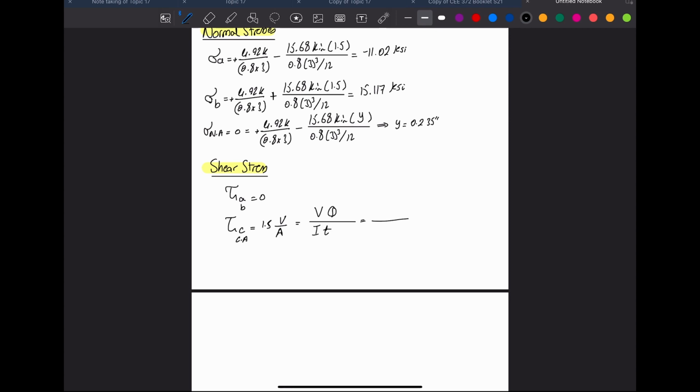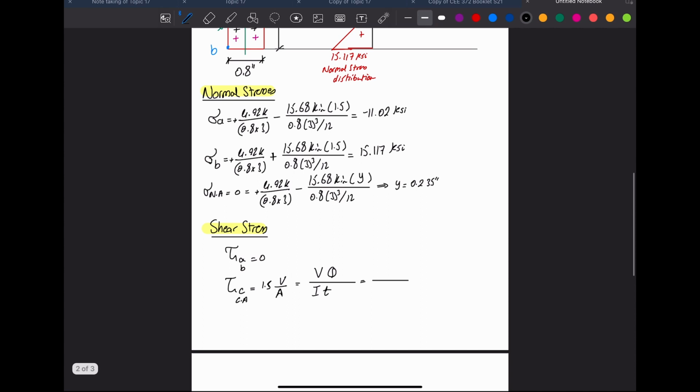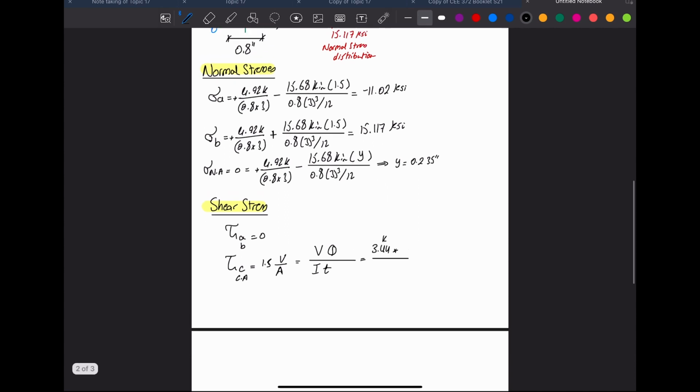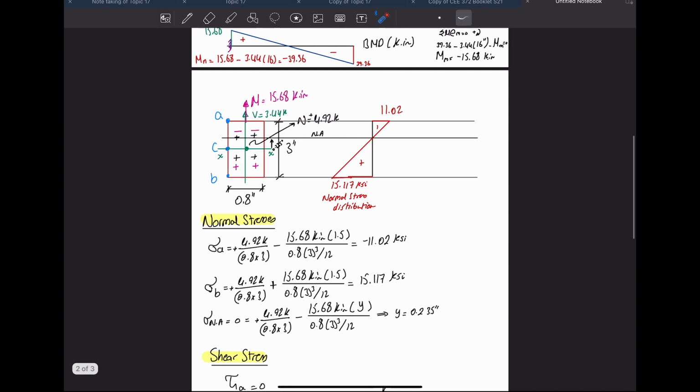The shear V is equal to 3.44 kip. Q: we want to find this at the centroid, so we cut at the centroid, and we have 1.5, which is this height, times 0.8 times 1.5 over 2.